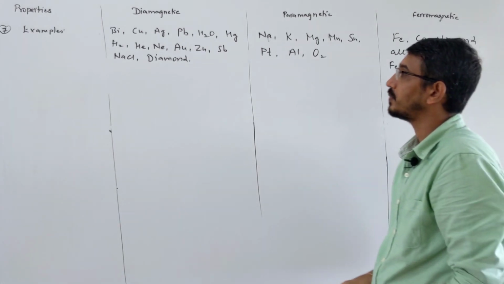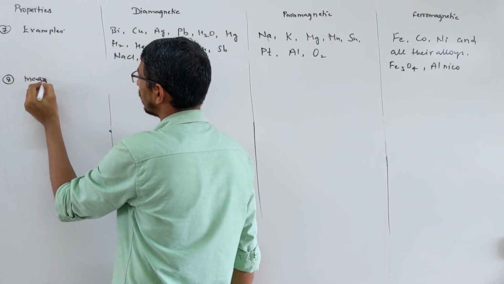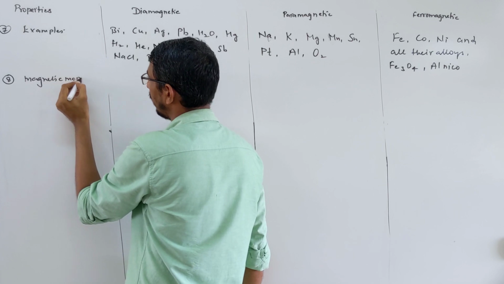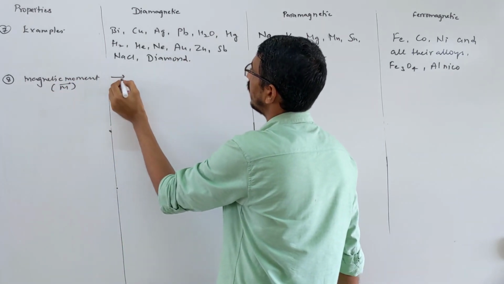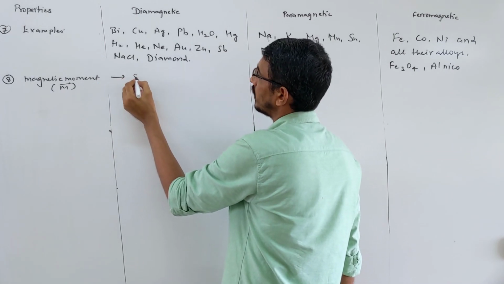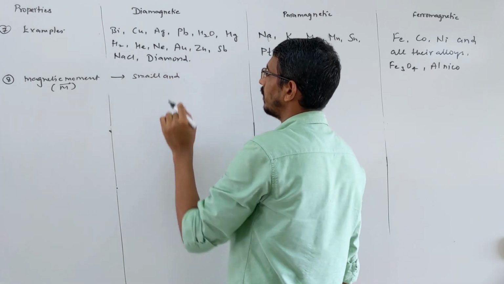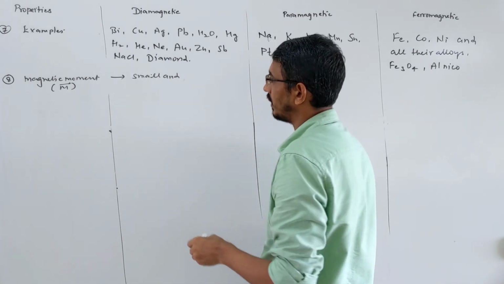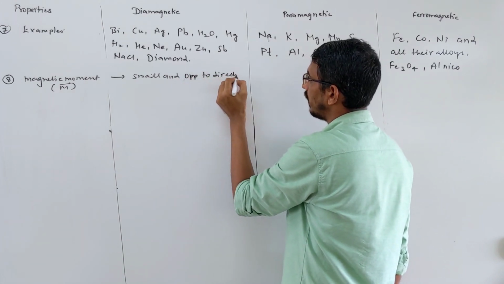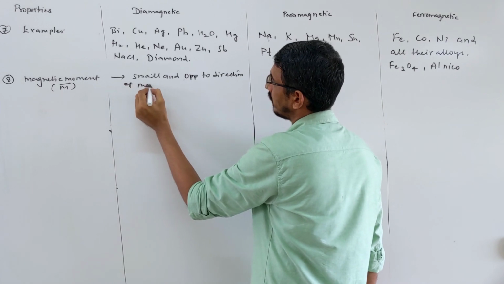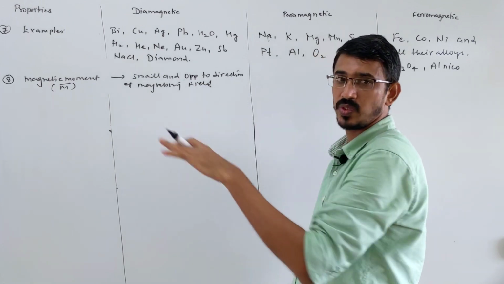Some other properties to talk about here, like magnetic moment, they ask that also. Magnetic moment here is small and opposite, you should say opposite to the direction of the magnetizing field. Yes, a magnetic moment is developed but in the opposite direction and small.